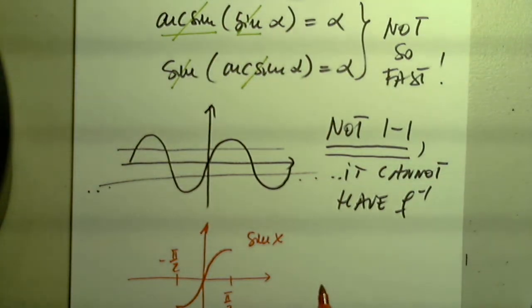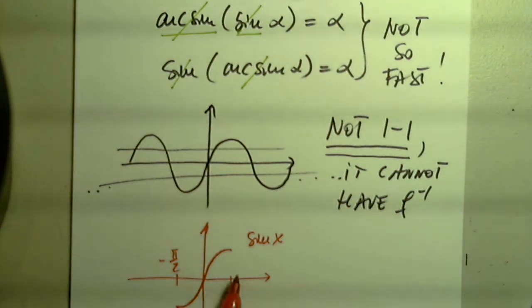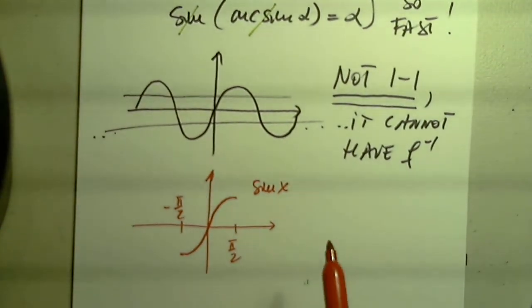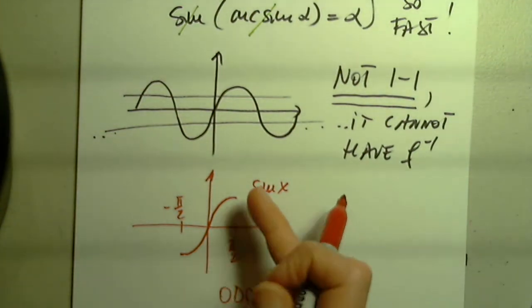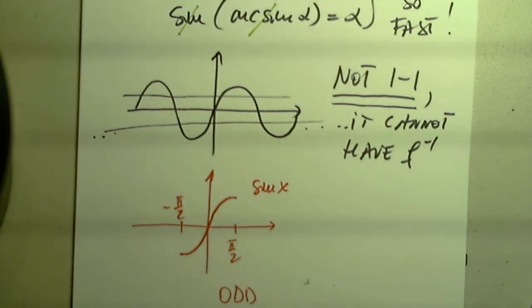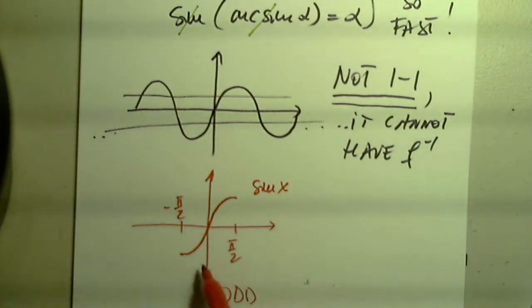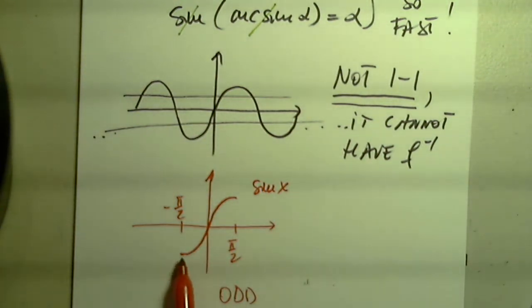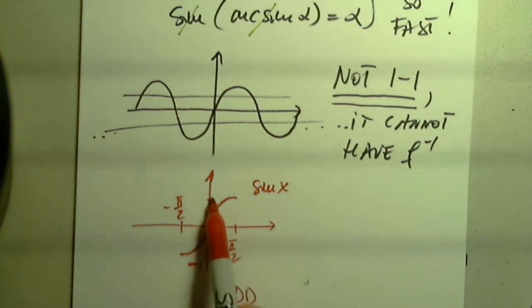It's one-to-one by the horizontal line test. It's an odd function, symmetric with respect to the origin, and it covers all possible values from -1 to +1.